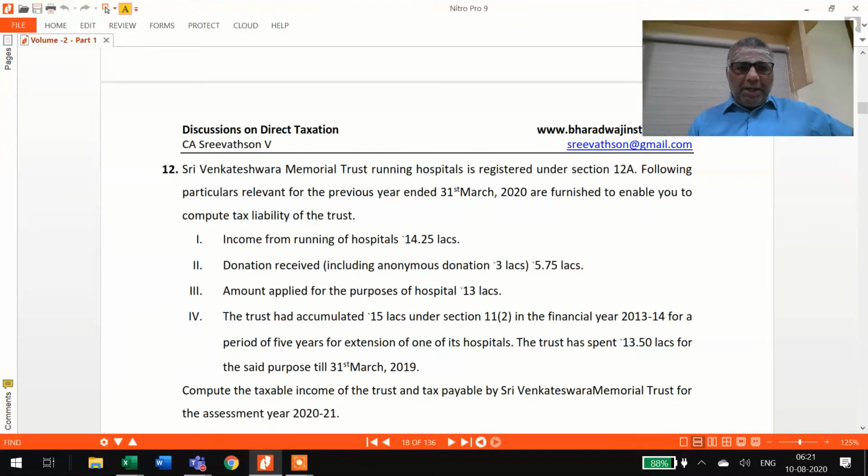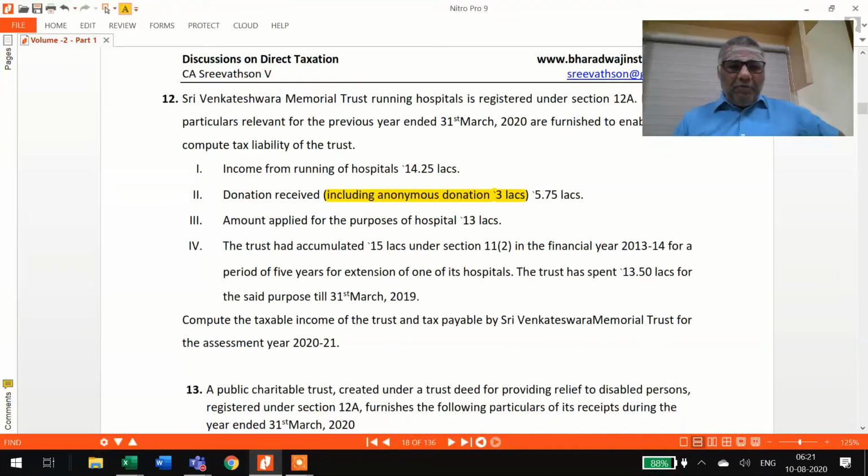Sri Venkateswara Memorial Trust running hospitals is registered under section 12A. The following particulars relevant to the previous year are furnished to enable you to compute the tax liability. Income from running of the hospital, donation received including anonymous donation of 3 lakhs, and amount applied for the purpose of the hospital of the trust.